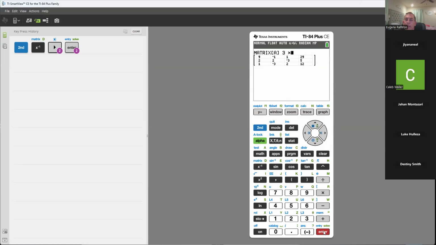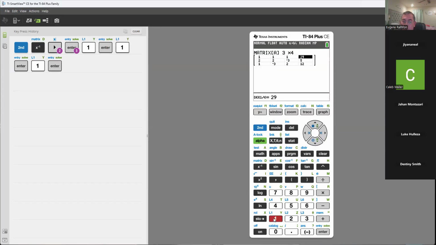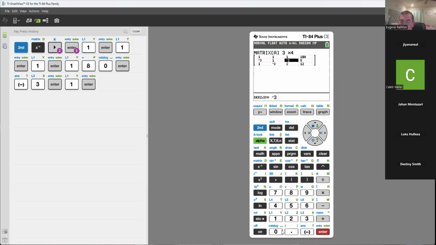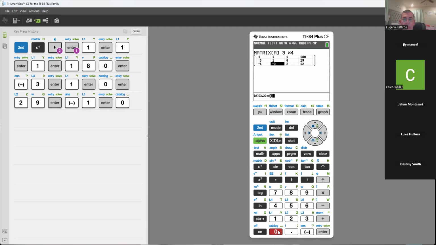So enter on 3, enter on 4, and then we start putting our numbers. 1A, enter. 1B, enter. 1C, enter, equaled 180. And enter. My second equation was -3 for the A, 1B, 0 for the C, and that one equaled 29, enter. My third row had a -1A, so -1, enter. 0B was there, so 0, enter.